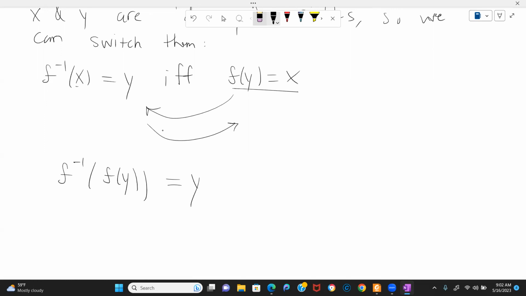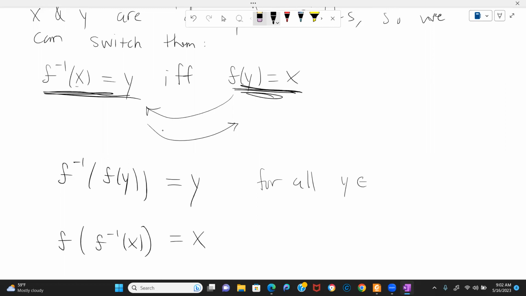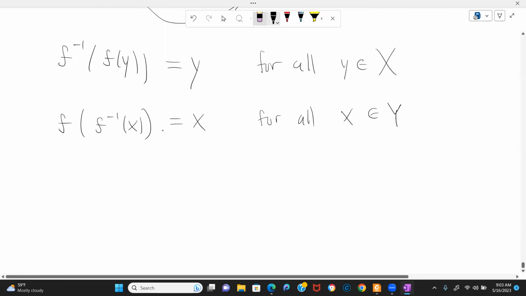This is plugging this equation into this one right here. Now I'll plug this equation into this one, and you get f of f inverse of x is equal to x, and this is for all x in Y. And let's actually switch them again.